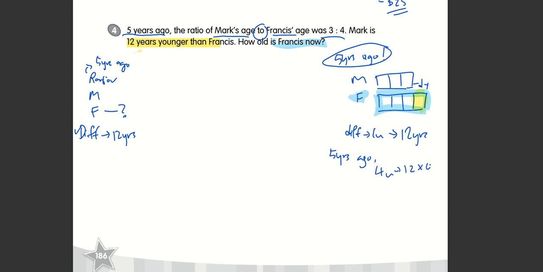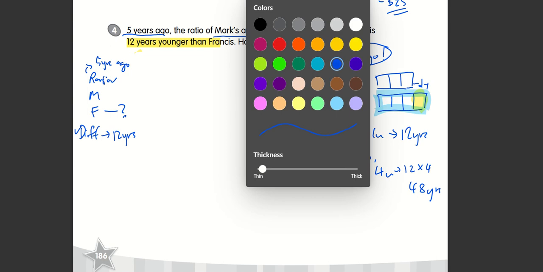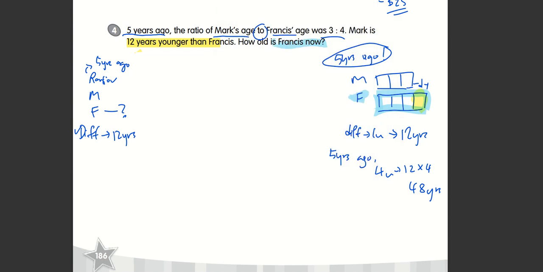So I have 12 times 4 equals 48 years. So now that means I need to add back the age. 48 plus 5, because that was 5 years ago. So now it will be 53 years old.